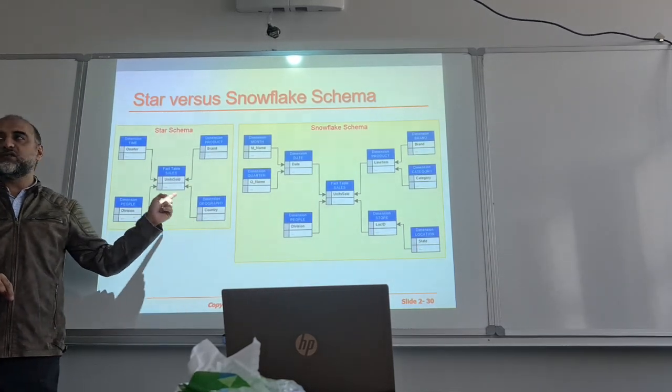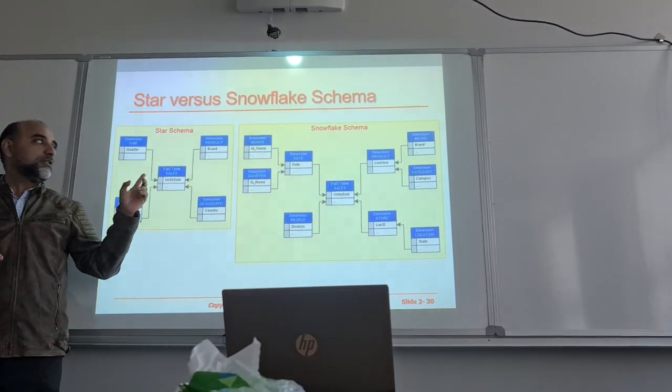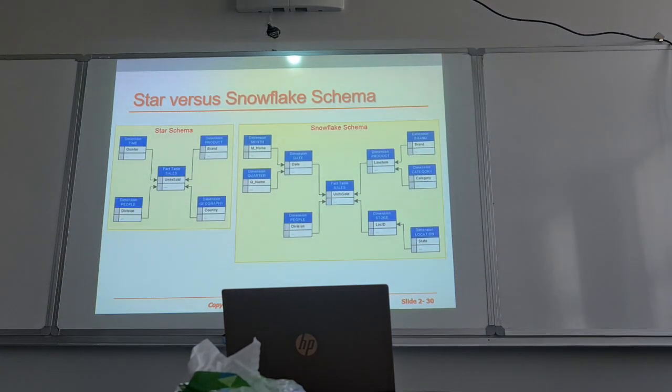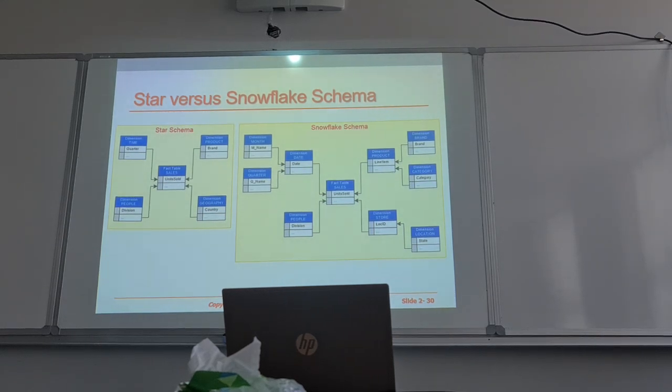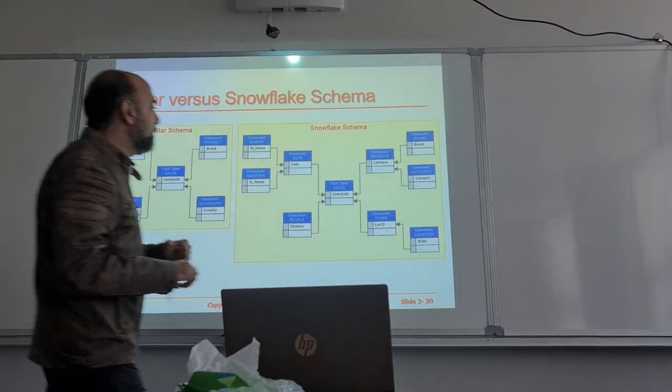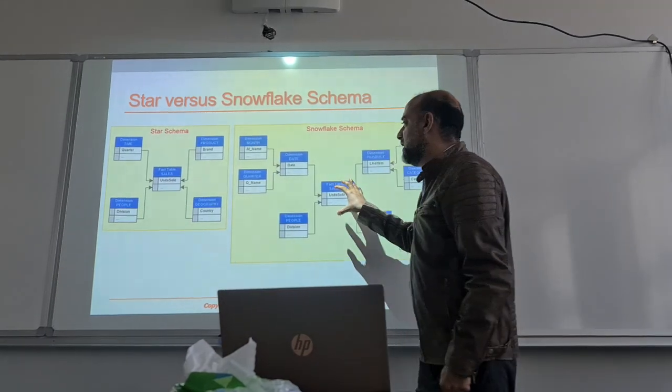So this is called a star structure. Mainly what you have is the fact table, the data that you're interested in analyzing, like the sales data, and around it are all the dimensions that you're interested in, meaning based on which dimension you want to look at what level. Okay, so these are called dimensions. And the next one is called snowflake schema.